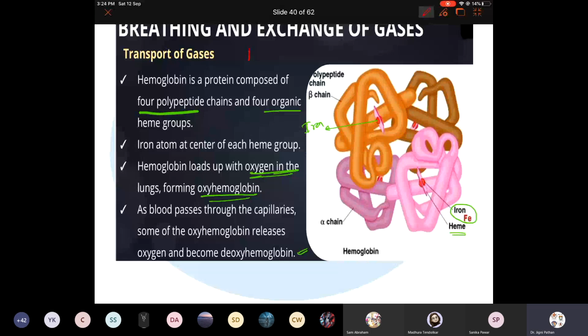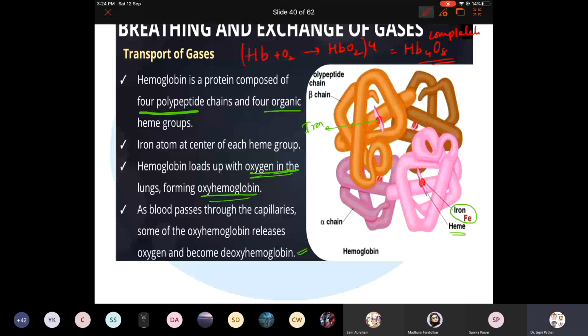Hemoglobin binds to oxygen to form oxyhemoglobin. So if it is 4 oxygen molecules, then it is Hb4 and O8. This is completely saturated hemoglobin.